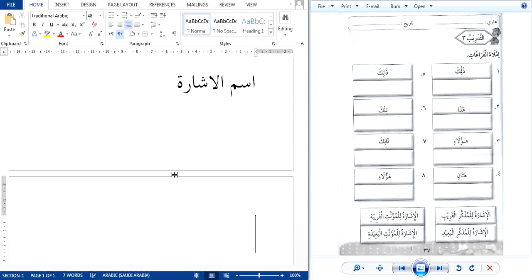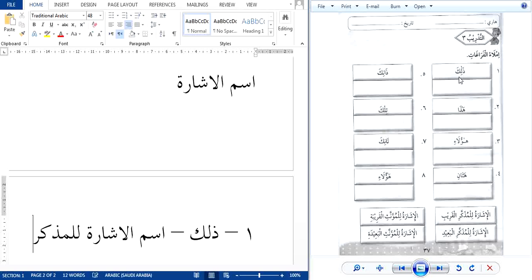So number 1, رقم 1. ذلك. What is the type of ذلك? It is اسم الإشارة للمذكر البعيد.